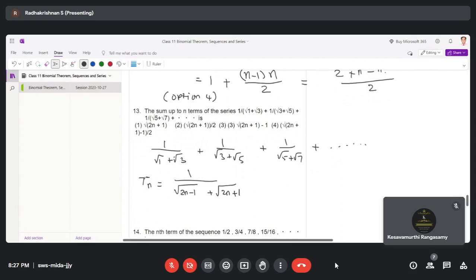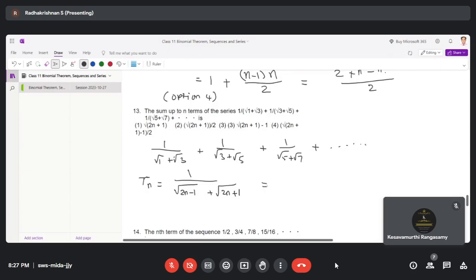So T1 you can substitute and see. When I put n equal to 1, it is 2 minus 1, root 1 plus root 3. When you put n equal to 2, it is 4 minus 1, 3 and 5 and so on. So this is your formula for Tn.